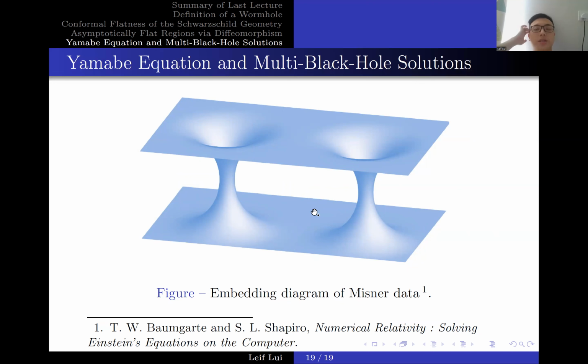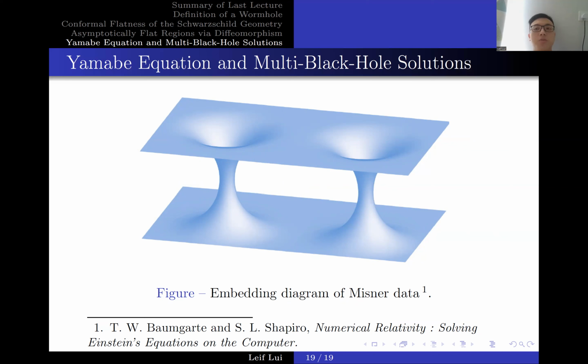I believe this is quite beautiful because by making the Schwarzschild metric spatially conformally flat, we actually make the Einstein equation linear. So it's just the Laplace equation.